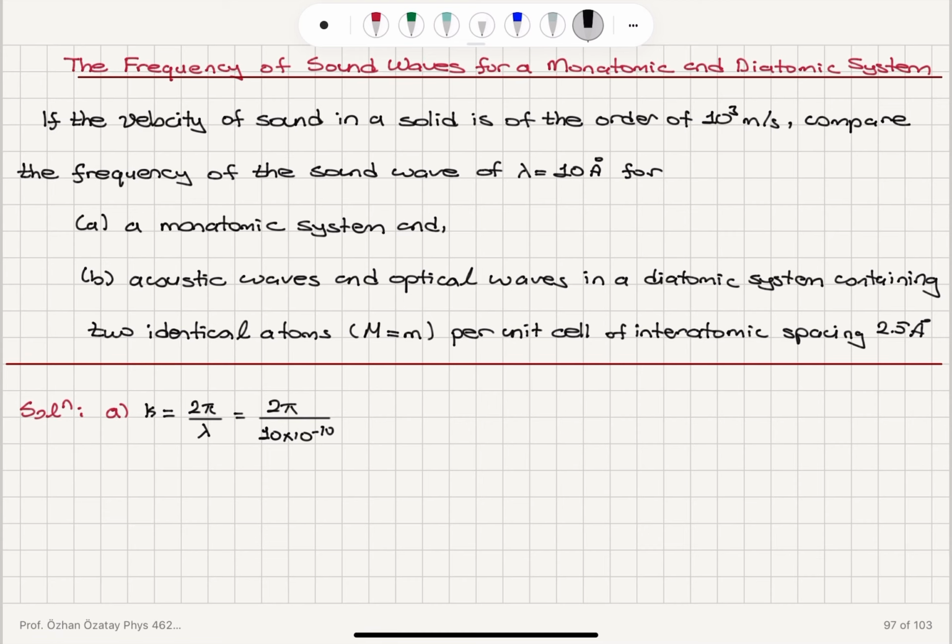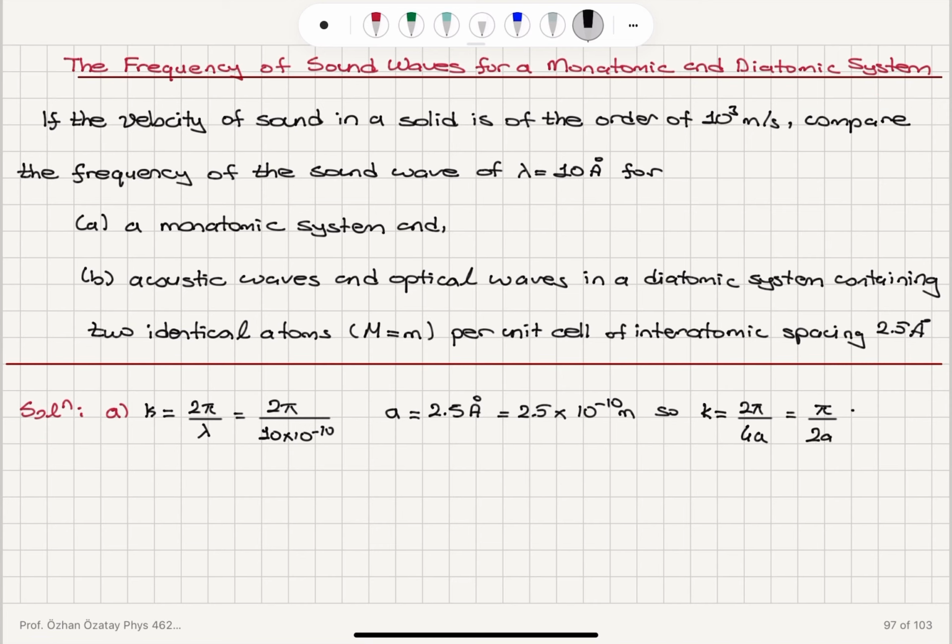The lattice constant, the interatomic spacing, is 2.5 angstroms, that is 2.5 times 10 to the minus 10 meters. So if you calculate the wave number k, it is equal to 2 pi over 10 angstroms, which is 4 times the interatomic spacing, so that's 4a. So this would be equal to pi divided by 2a.